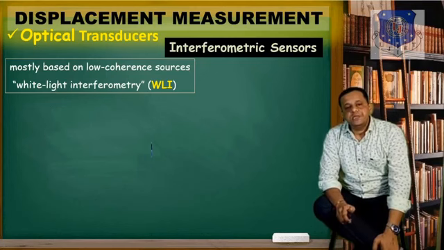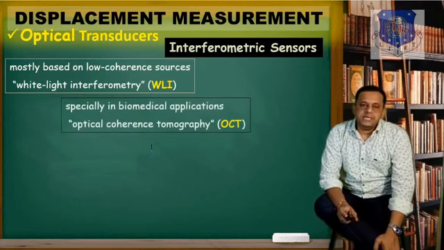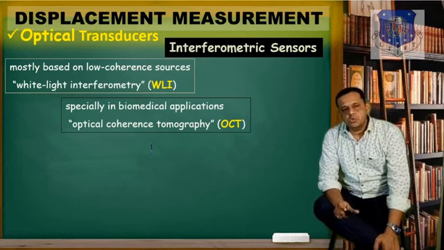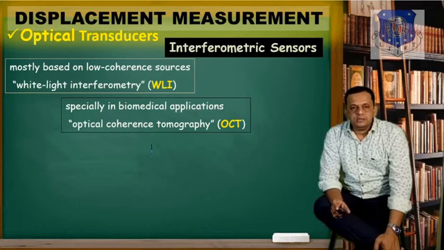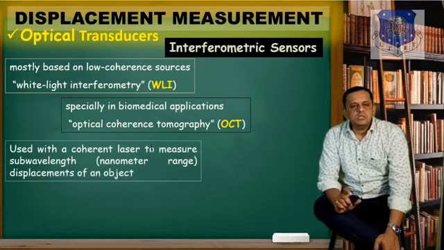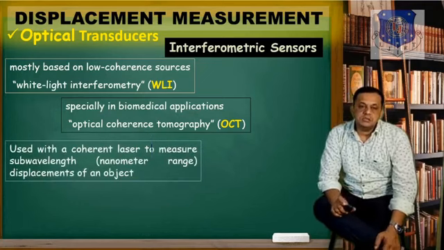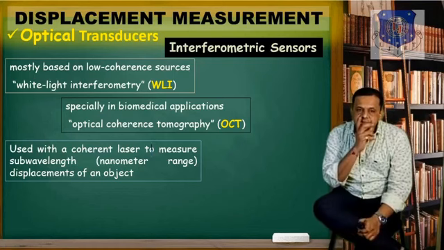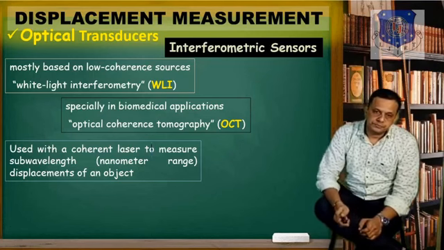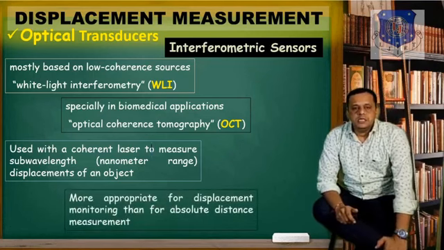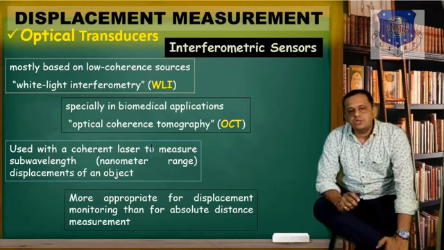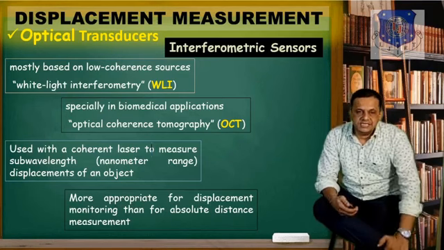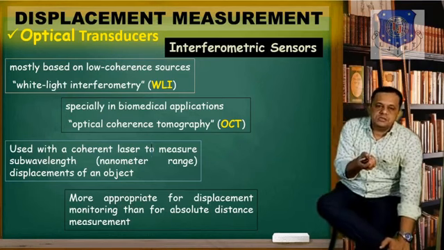White light interferometric WLI, and in biomedical applications, optical coherence tomography (OCT), where they use a coherent laser to measure sub-wavelength, meaning nanometer range, displacement of an object, and it is actually appropriate for displacement monitoring rather than to measure the absolute distance.